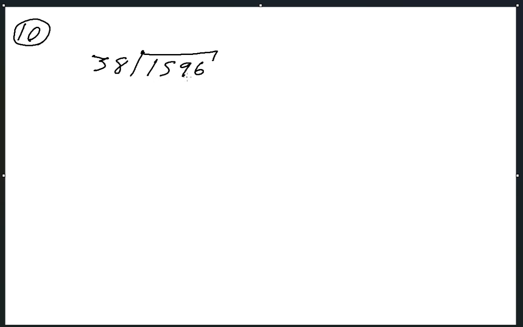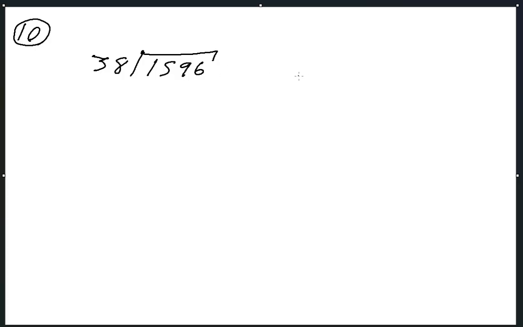So then you go to the third number, excuse me, and you ask yourself, how many times does 38 go into 159? Okay, so we're right here. Don't worry about the 6 yet. Let's just focus on the 159.